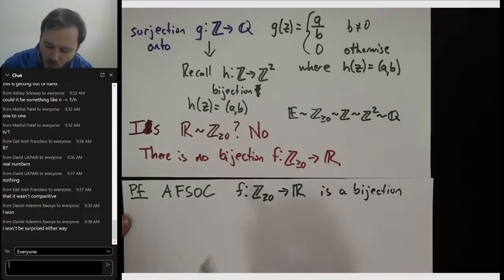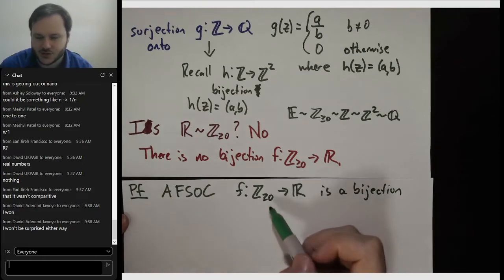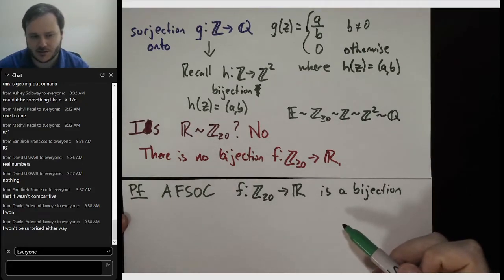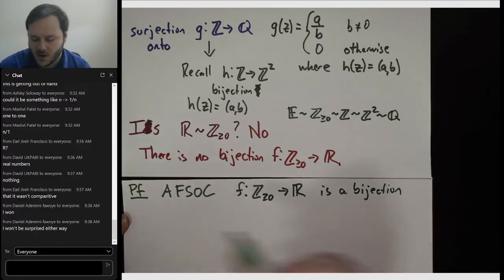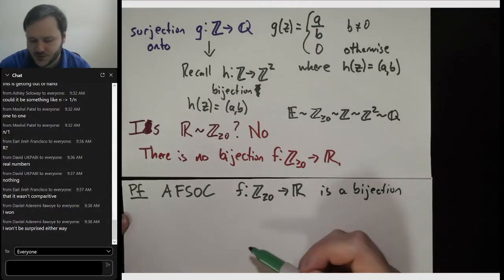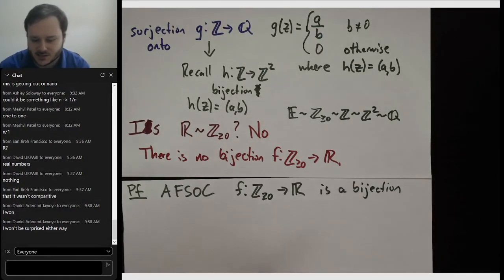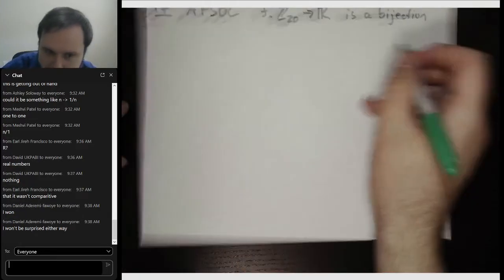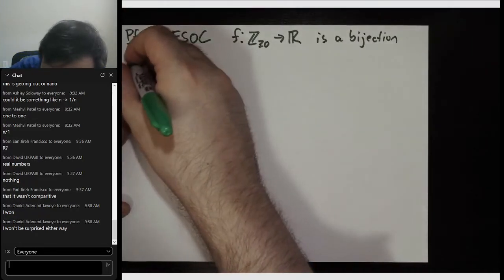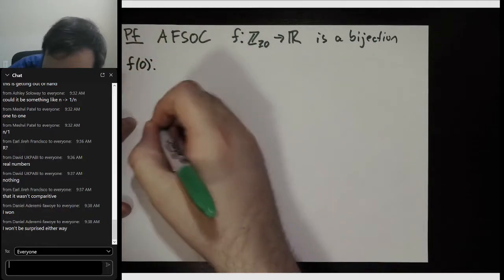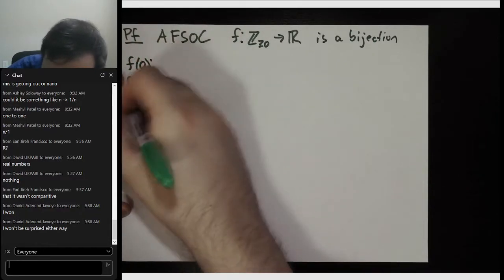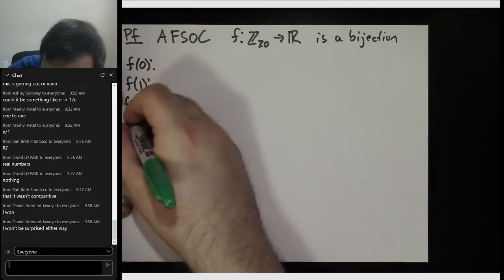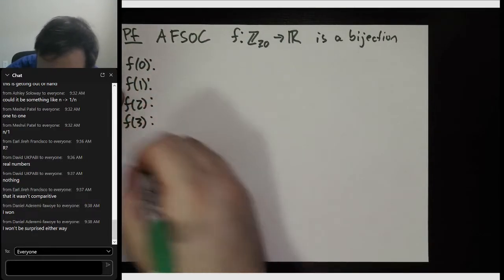Now I want you to think about what a function from the non-negative integers into the reals looks like. I know f of 0, f of 1, f of 2, f of 3. It's just a list. All I'm saying is that I can list out the real numbers. My contradiction is that I can list out all the real numbers. So I've got f of 0, f of 1, f of 2, f of 3, and so on.